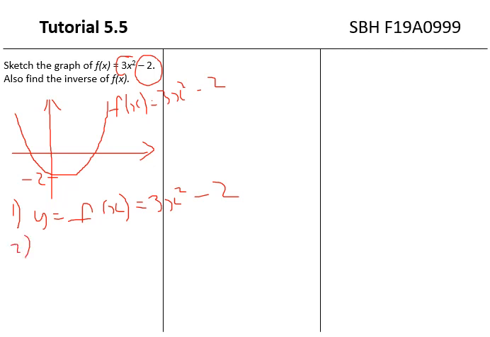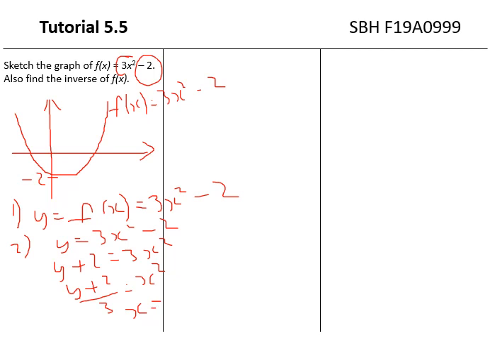Now we want to make x the subject. So y equals 3x squared minus 2. y plus 2 equals 3x squared. y plus 2 divided by 3 equals x squared. So x equals the square root of y plus 2 divided by 3.